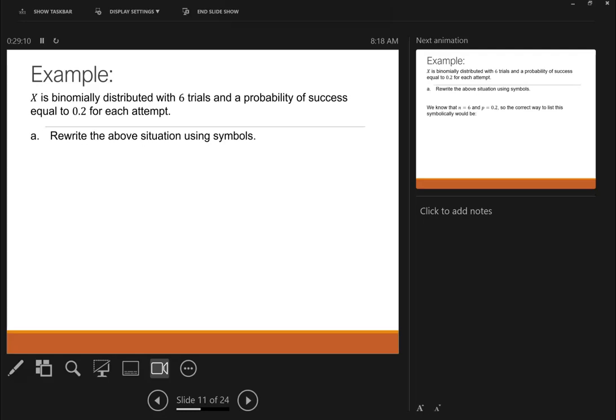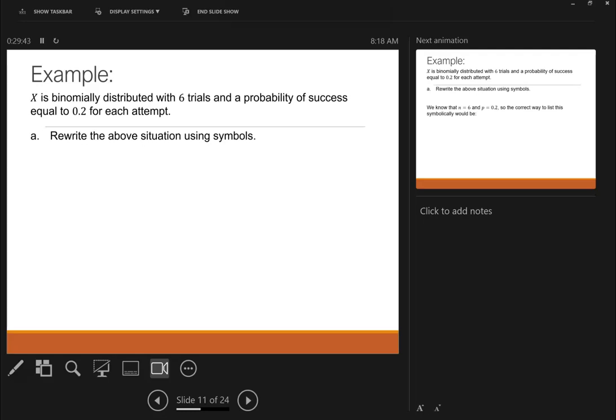So let's look at an example here. Oh man, that's a mess. That's a later problem. It says x is binomially distributed with 6 trials and a probability of success equal to 0.2 for each attempt. Rewrite the above situation using symbols. So, because x is binomially distributed, we're told that in the problem, correct?